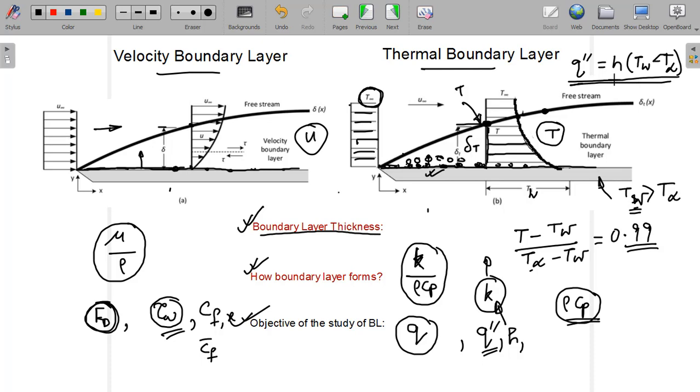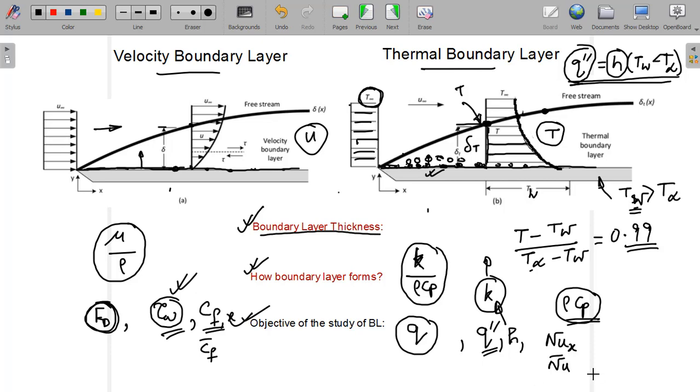So whether we find out the heat flux or the h, it's all the same. Either heat flux or h is the property exactly equivalent to the wall shear stress. Okay, and the non-dimensional quantity corresponding to heat flux or h is the Nusselt number, and similarly we are going to find out the local value and the average value of that.